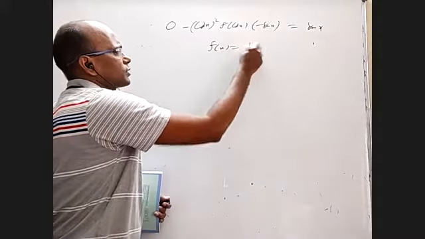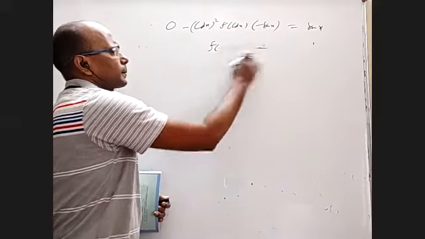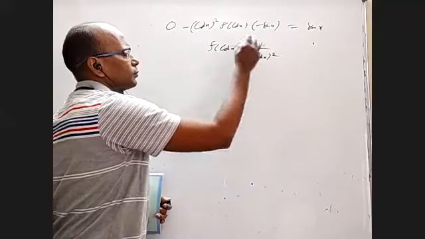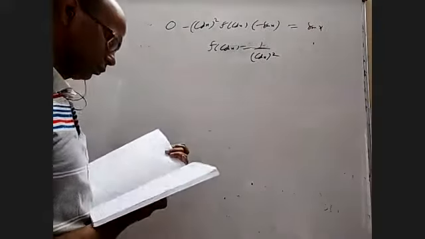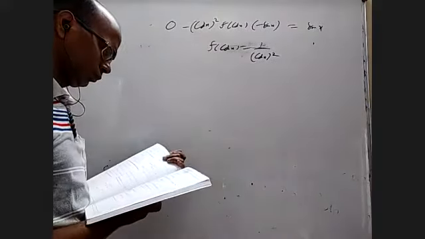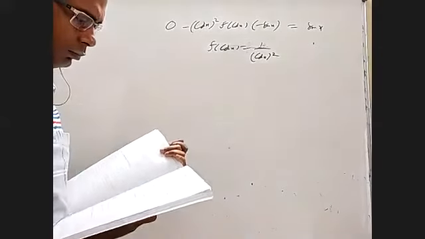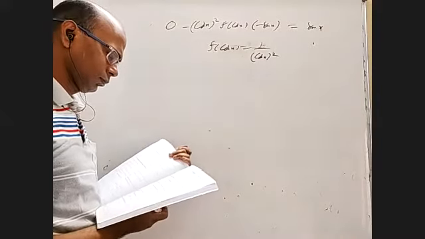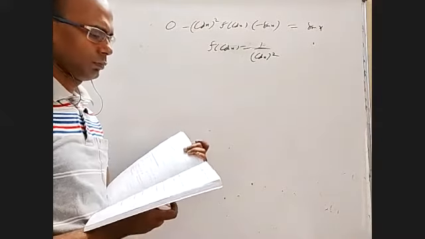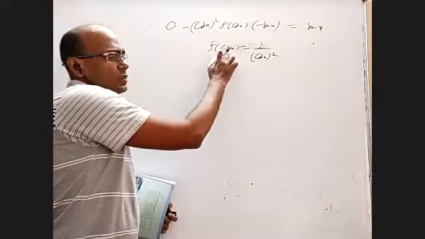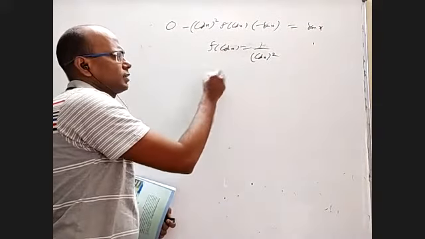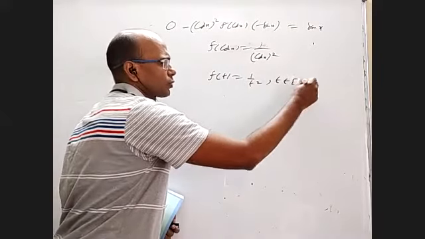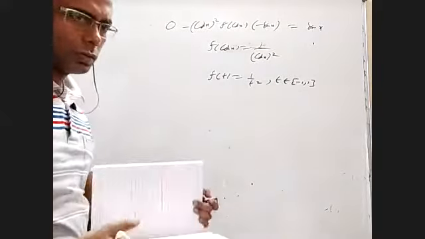We got f of cos x is equal to 1 by cos x whole square. Okay, now cos x is between minus 1 to 1. So if you call this t, you will get f of t is equal to 1 by t square, but only when t belongs to the closed interval minus 1 to 1, not outside that.